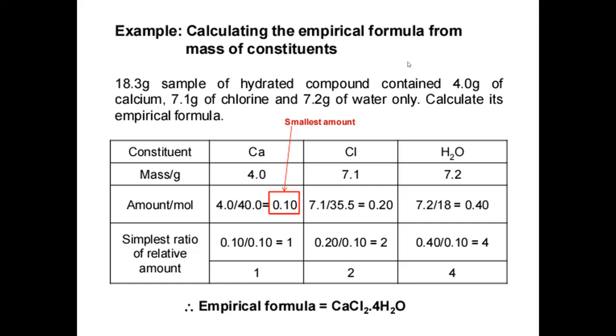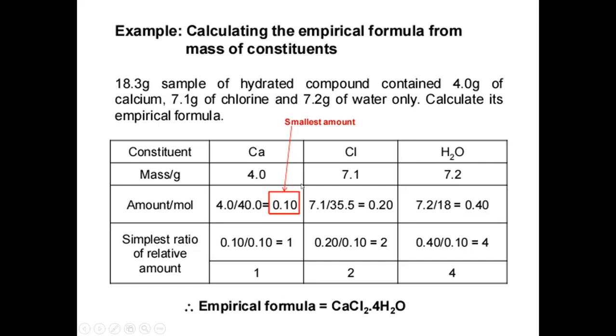And then this is an example of the question. Okay, to calculate the empirical formula from mass of constituents. Here the question states an 18.3 gram sample of a hydrated compound contains 4 gram of calcium. So basically for this question you need to write down a table to make it easy for you to identify the unit and also to differentiate between the mass amount and the ratio.